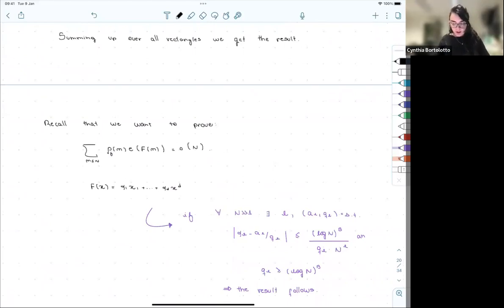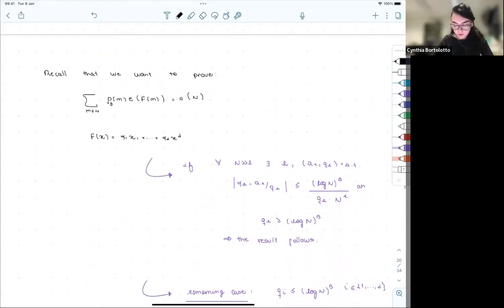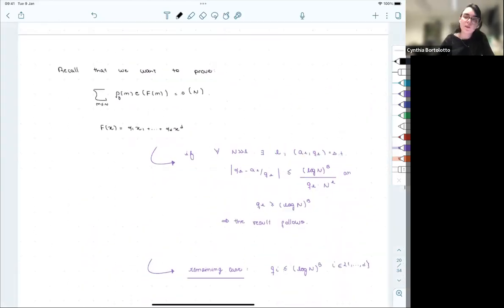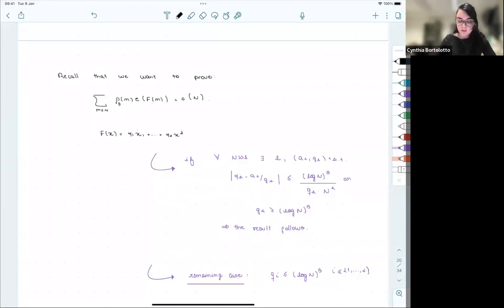To conclude, I just want to give an idea of how this works when we are not in the range that this theorem covers. Recall that we want to show that this sum here is little o of N. We manage to do this whenever we can well approximate the irrational coefficients by some big enough denominator q_l here.